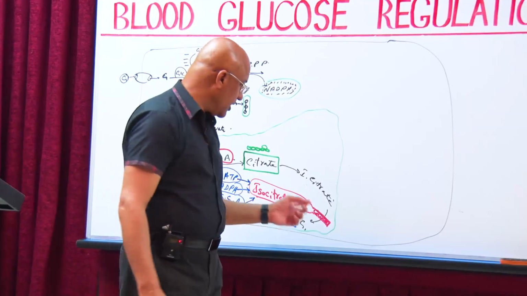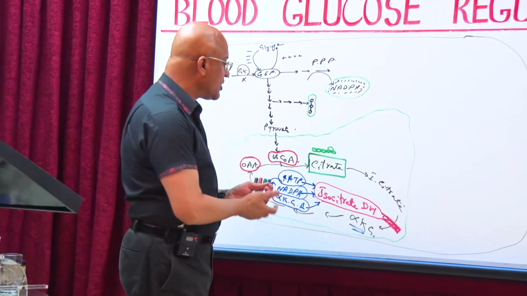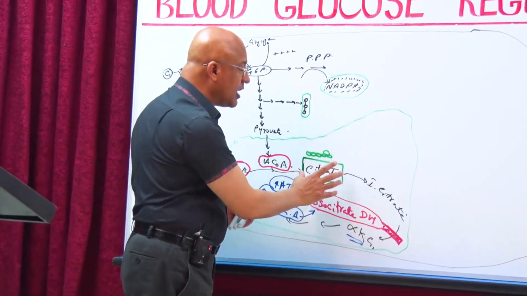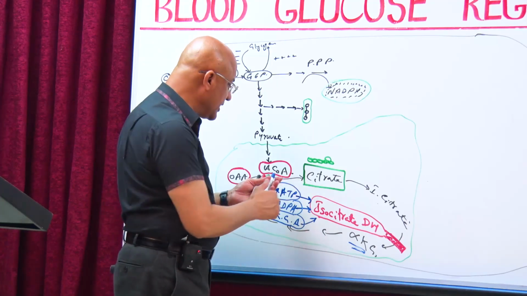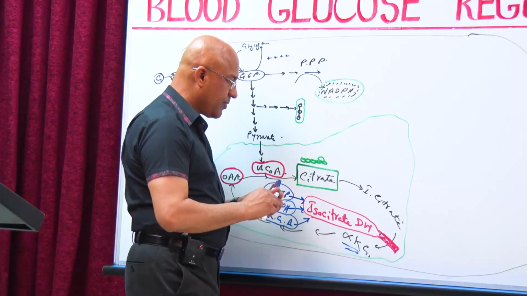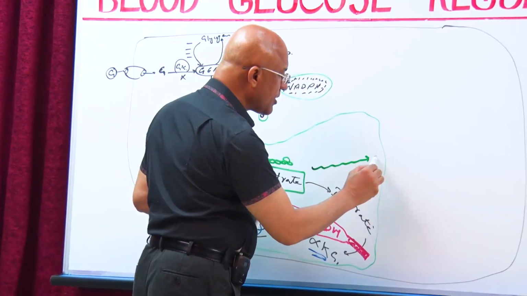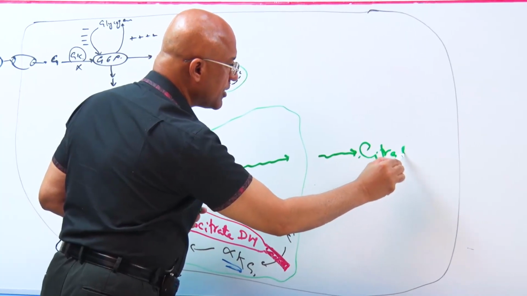But there is one more thing. Once isocitrate dehydrogenase is inhibited, now mitochondria start accumulating what? Citrate. Now what to do with this citrate? Citrate should get out of the mitochondria.